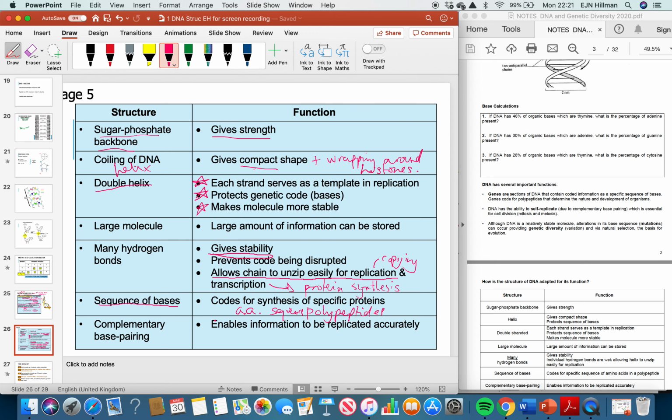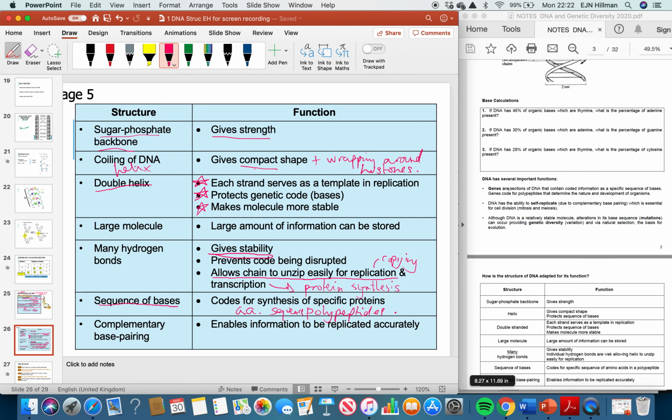And because of the complementary base pairing, well, it is self-replicating, and it enables the information to be replicated really accurately. And that's because adenine will only pair with thymine, cytosine will only pair with guanine.